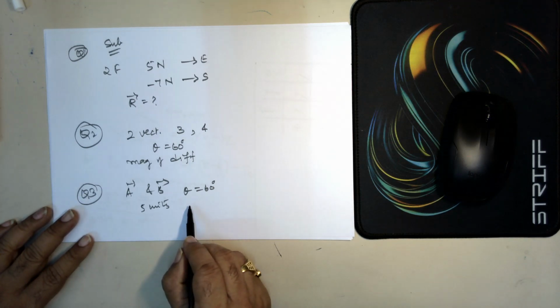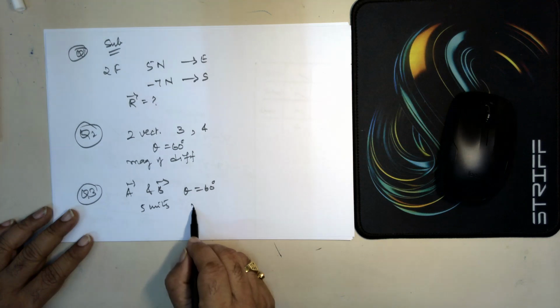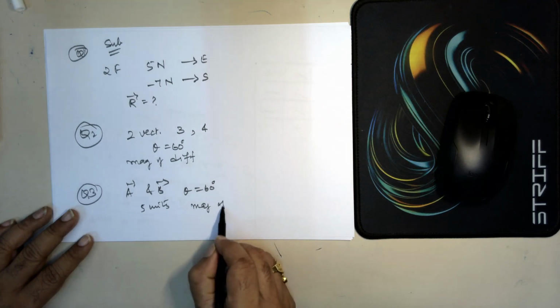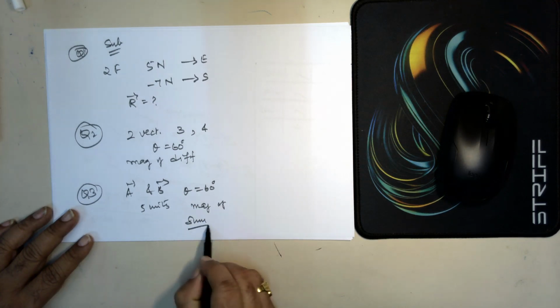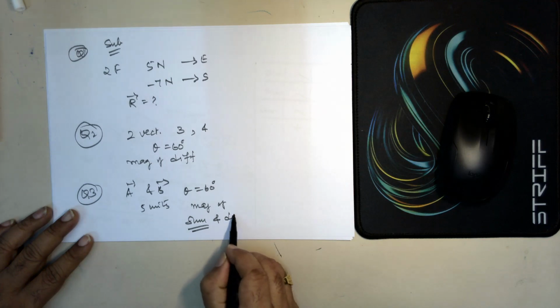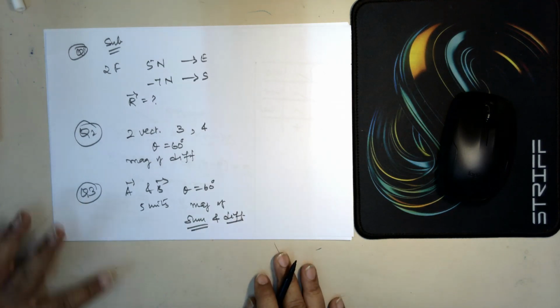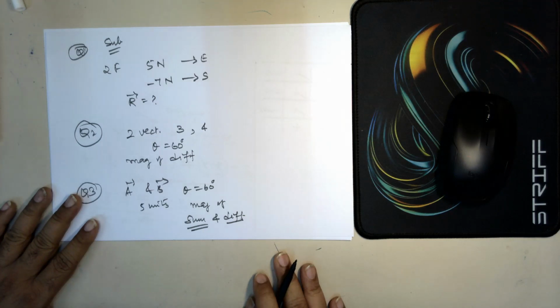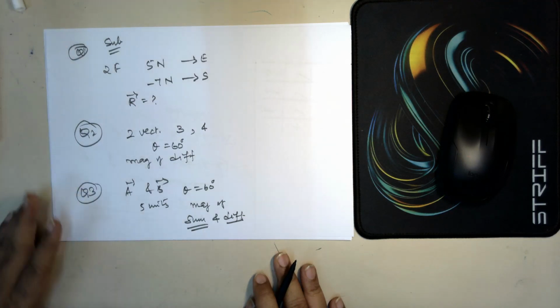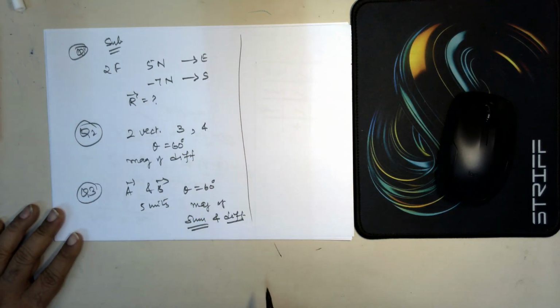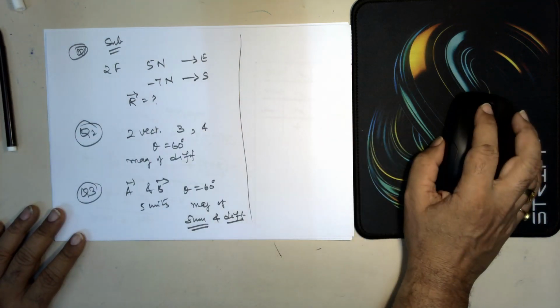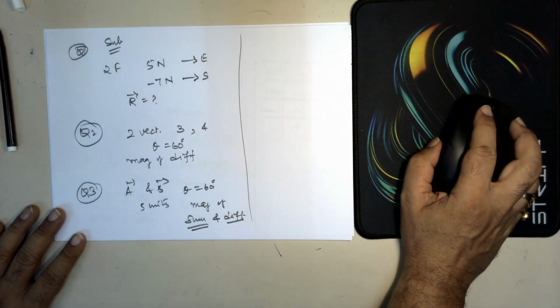Find the magnitude of the sum and difference of these vectors. So you have to find both. Okay. You can take these three questions as your worksheet. Try to do that and you can submit tomorrow.